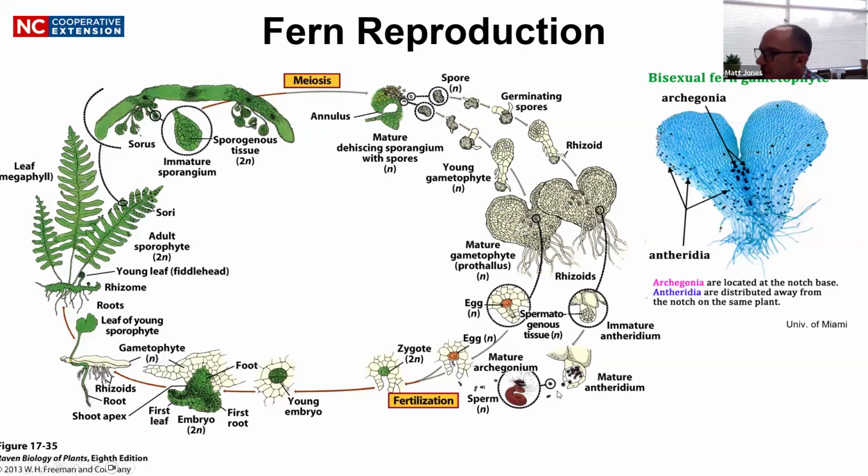The sperm are released from the antheridia, and they have these really cool spiral structures and many, many flagella, way cooler than animal sperm, I guess. And they have to swim in these films of water to be able to search for and find eggs contained in the archegonia. Once fertilization takes place, the zygote divides into this sporophyte phase, which is the more recognizable frond-containing phase of the fern's life cycle.